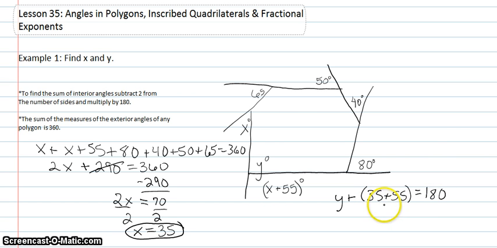Then we'll add these together because they're like terms, and they're in parentheses. So that's 90 plus y, that equals 180. Then we'll just subtract the 90 to move it to the other side, and we find that y equals 90 degrees. So we found x and y.